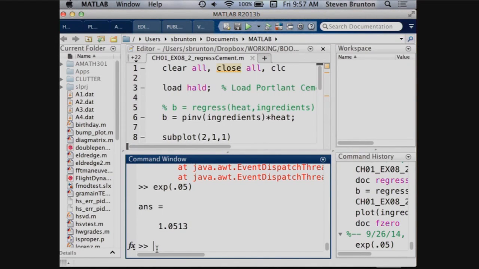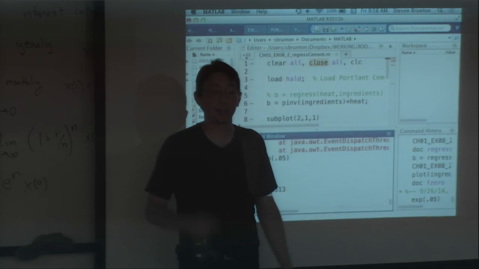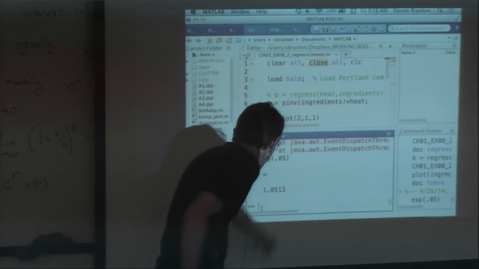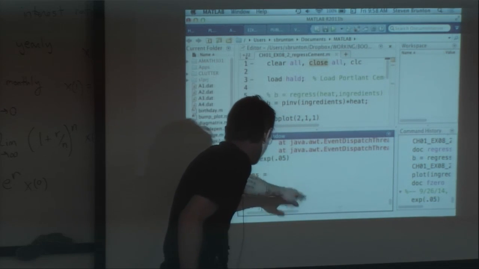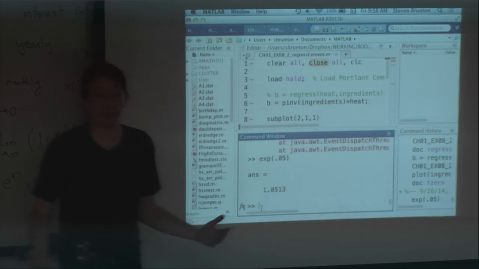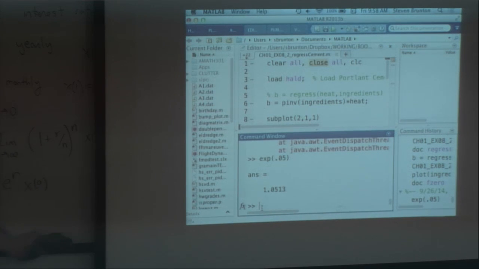Okay, so if I have a 5% interest rate and I compound it continuously, I'm paying about 0.13 extra percent, which is a lot of money to banks, right? Okay, that's what e means to me. It's you take this limit and you compound continuously. So it's the difference between discrete compounding events and continuous compounding events.